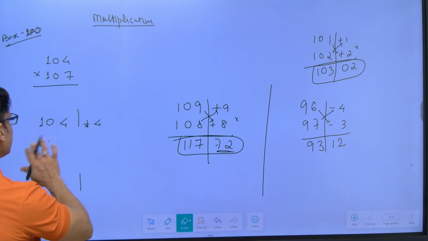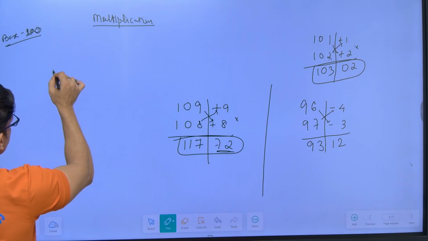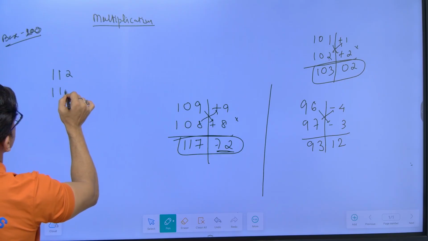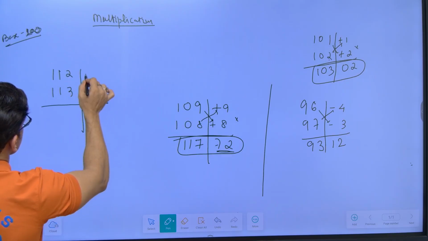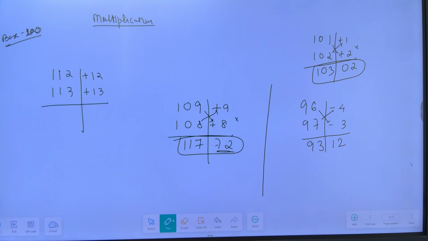So if you have 3 digits, for example, 112 and 113. Plus 12 into 13. So what is 12 into 13? Multiply 12 into 13.